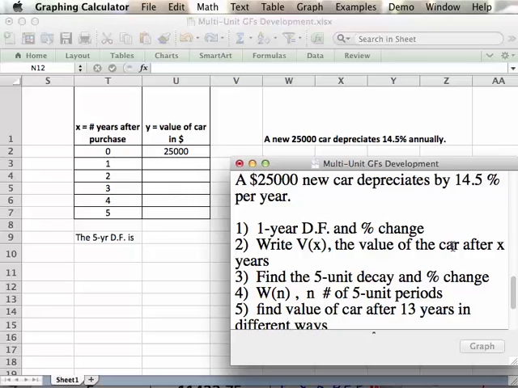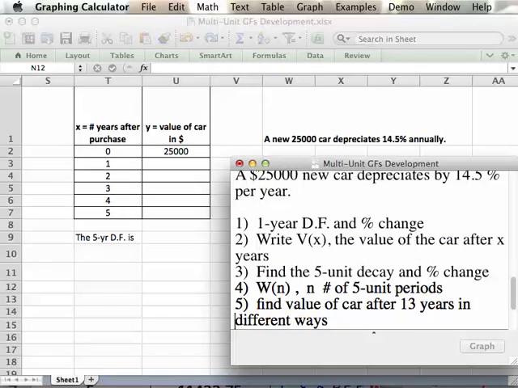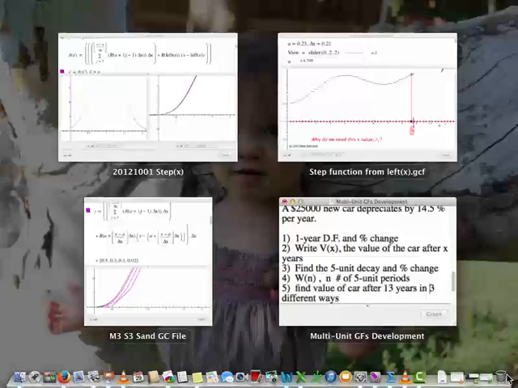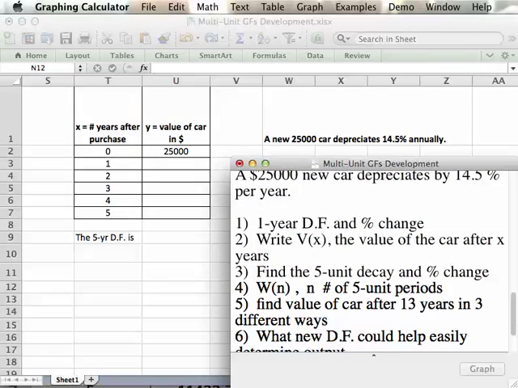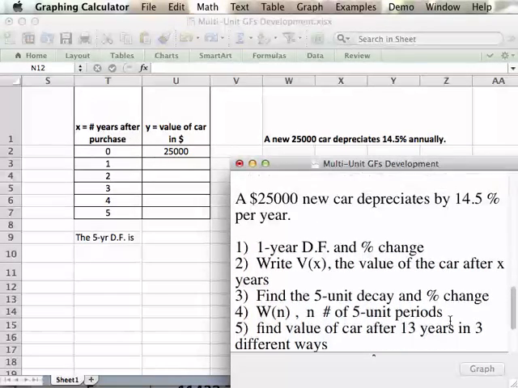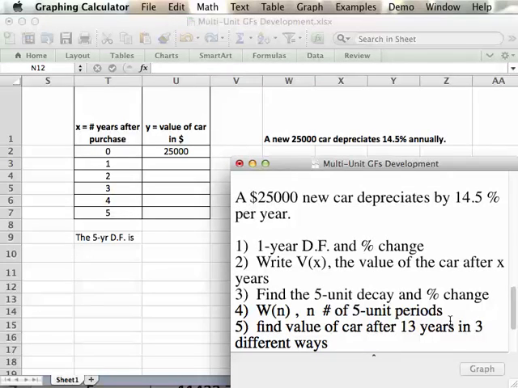And find the value of the car after 13 years in, let's say, 3 different ways. Okay, go. We'll walk around. Practice.